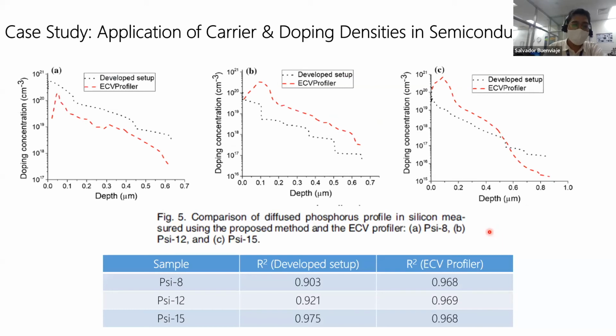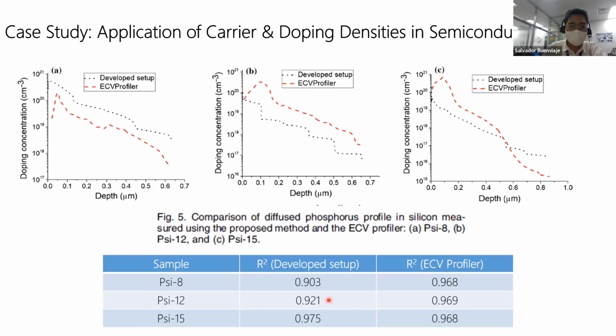So this is the correlation of the accuracy of their setup versus a calculated doping concentration. So they obtain somehow fair results. Their CV data are comparable to the calculated ones.